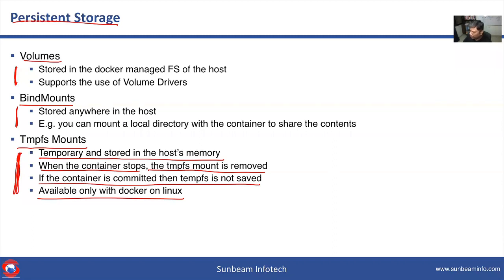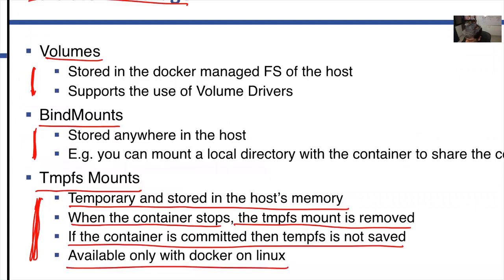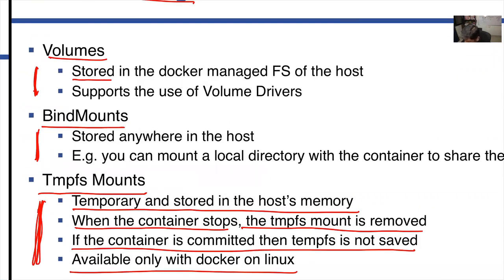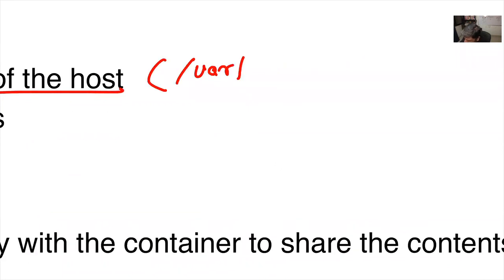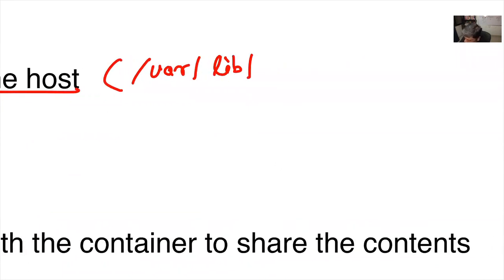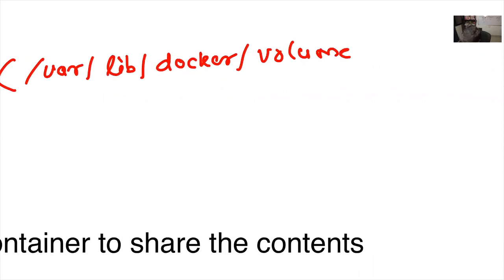Okay, so see right here. This is a volume. Volumes get stored in the Docker managed filesystem of the host. When I say Docker managed FS, it's like /var/lib/docker/volume. So here you will see the volume gets created.